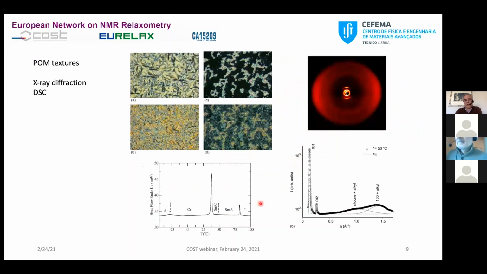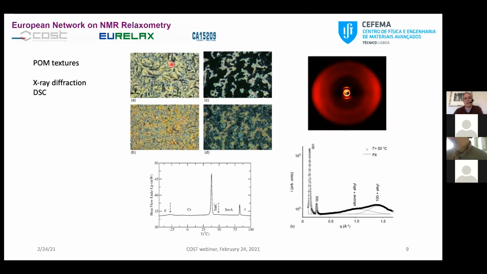Two of the techniques that are used to study these systems are polarizing optical microscopy, POM, and they all share a common feature. They all present nice textures under this polarizing optical microscope, and it's very nice to see these abstract textures.